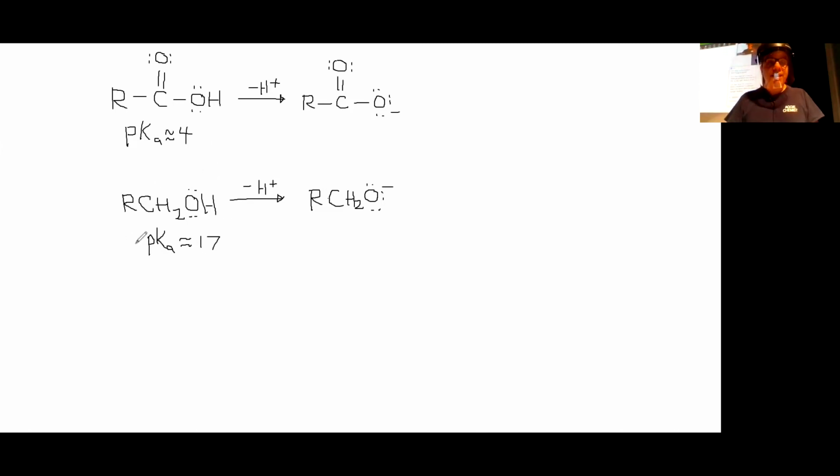So to say that this pKa is in the 16 or 17 range, and this is like 4 or 5, you're talking roughly a factor of 12 orders of magnitude, give or take. In other words, carboxylic acids in general are about 1 trillion times as acidic as similar molecular weight alcohols are. So it's not close. So there needs to be a reason for that.